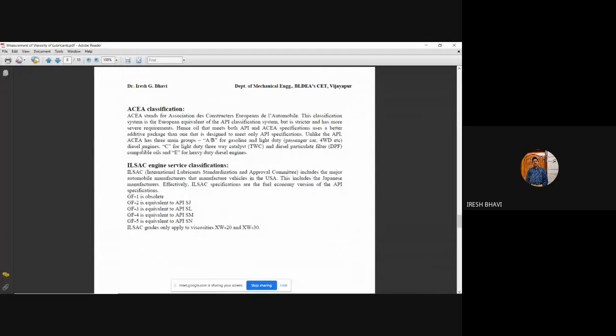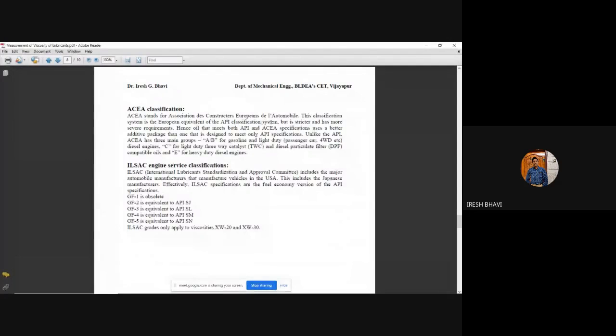Then the next classification is ACEA. This ACEA stands for Association des Constructeurs Européens d'Automobiles. It is a European classification. This classification system is the European equivalent of the API classification system.